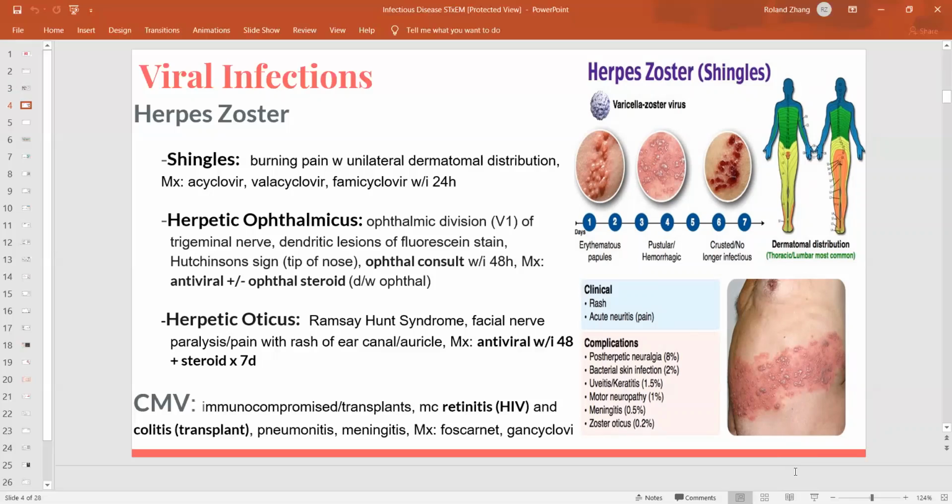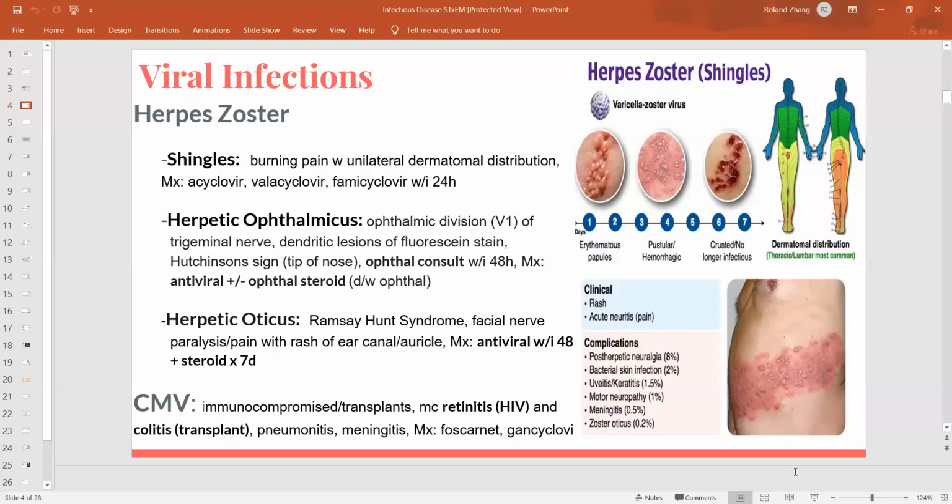Usually shingles is a reactivation of the herpes zoster virus. The way you treat this is that you put them on antivirals, plus or minus steroids, and of course, pain medication, particularly nerve medication like gabapentin and Lyrica.